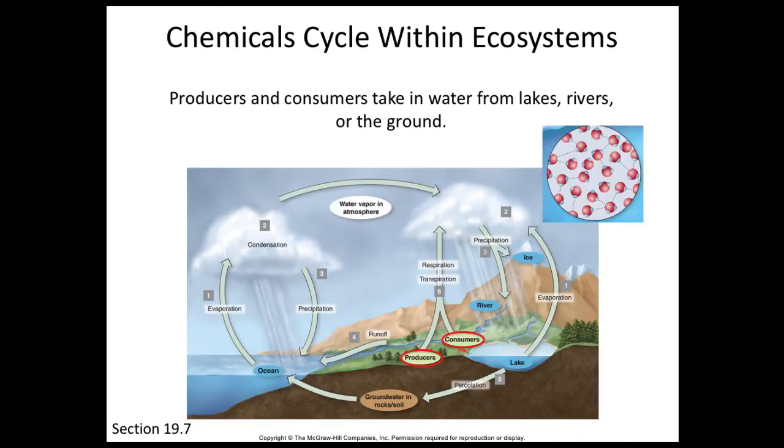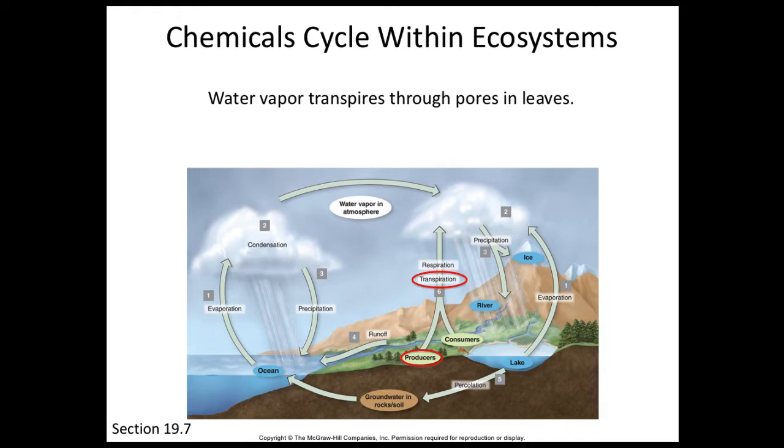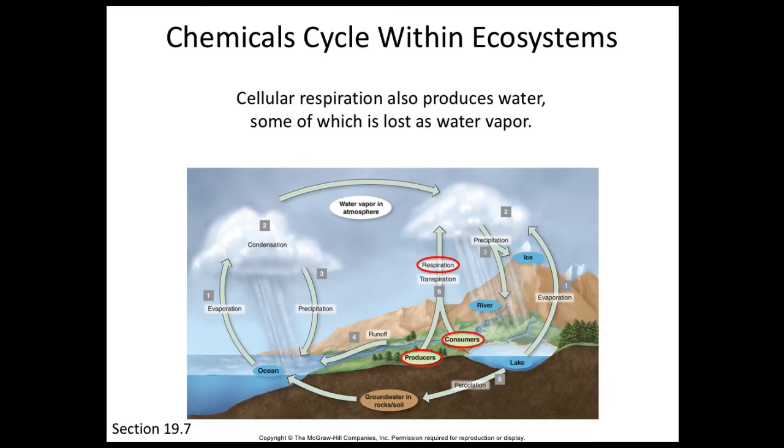Producers and consumers take in water from lakes, rivers, or the ground. Water vapor transpires through pores in the plant leaves. That is to say, the plants soak the water in through their roots, and then the water travels through the plant and out the leaves through those pores.